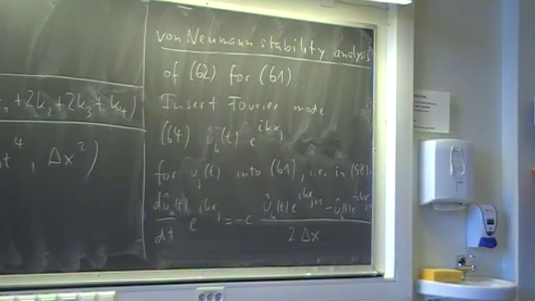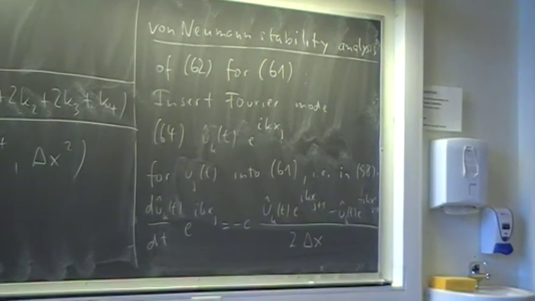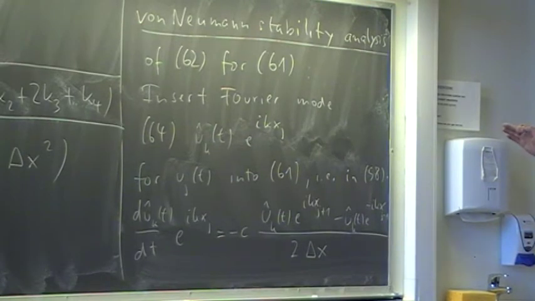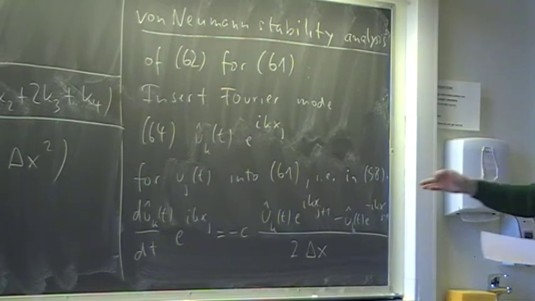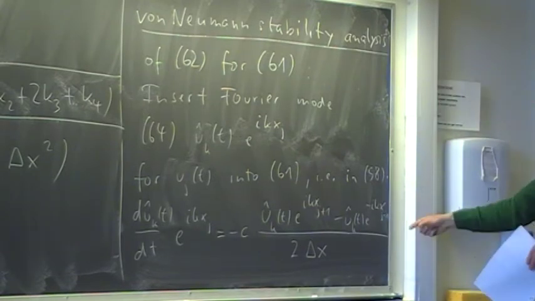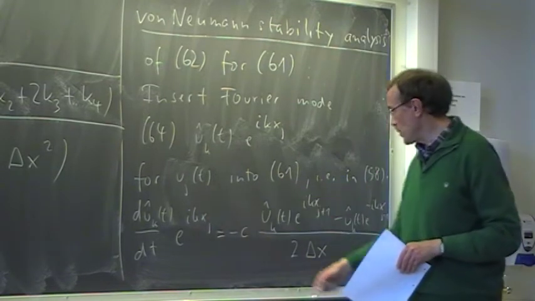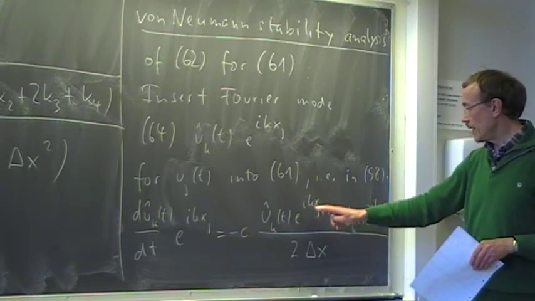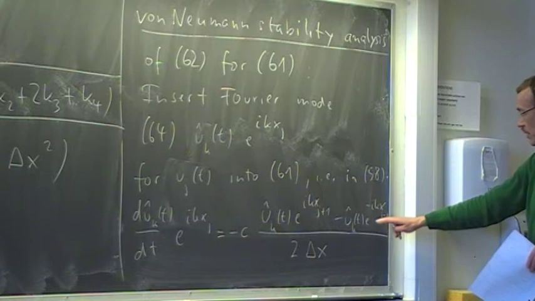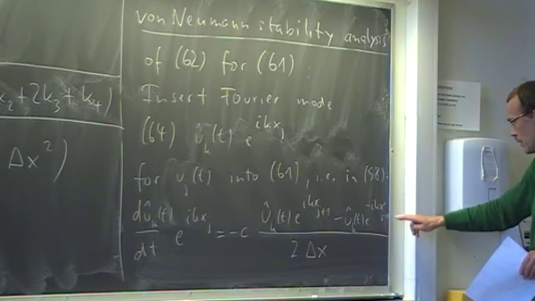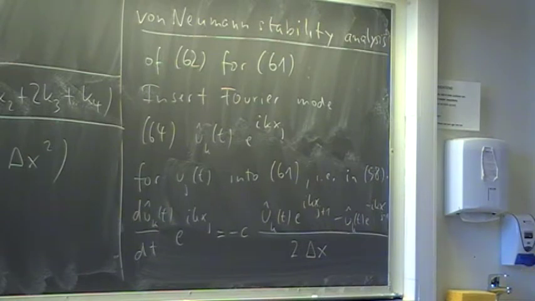So we do a similar thing as we did for the von Neumann analysis, but now with continuous amplitudes in time. Then we can divide by this e to the I k x j. That goes. Here we get an e to the power I k delta x. Here we get an e to the I k... let's see, I have an error. Sorry.